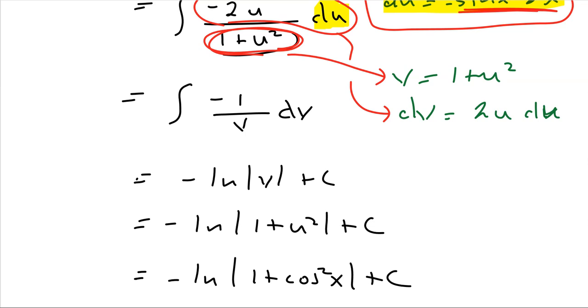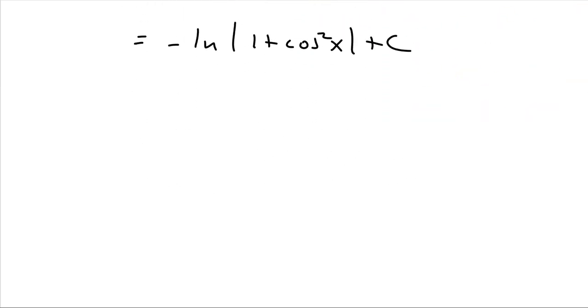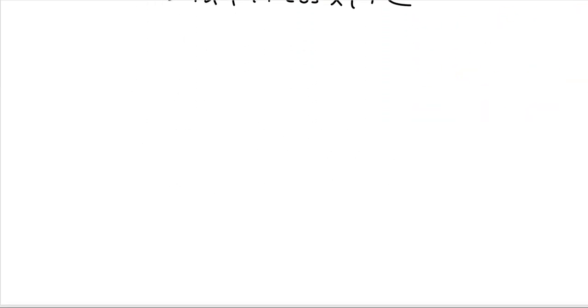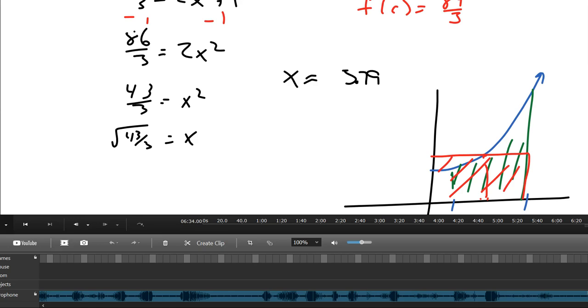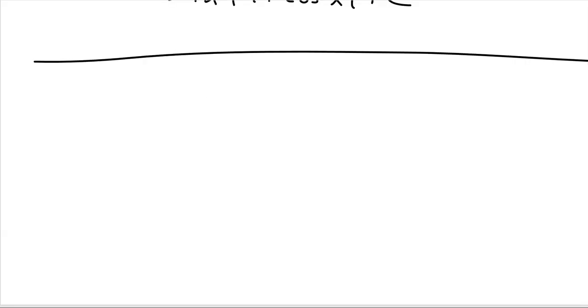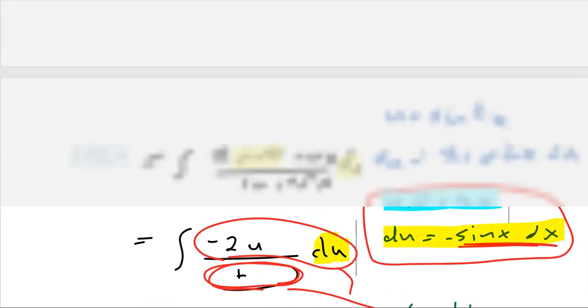I could have done the 1 plus cosine squared of x being my substitution just to start off with if I had noticed that. And it would have actually been a little bit easier just to see that we have the integral of, what was it? Make sure I get it all right here.